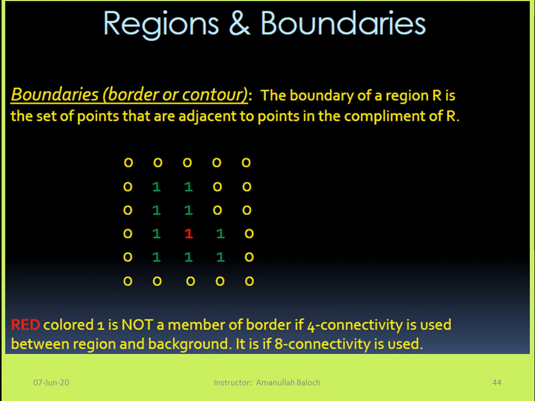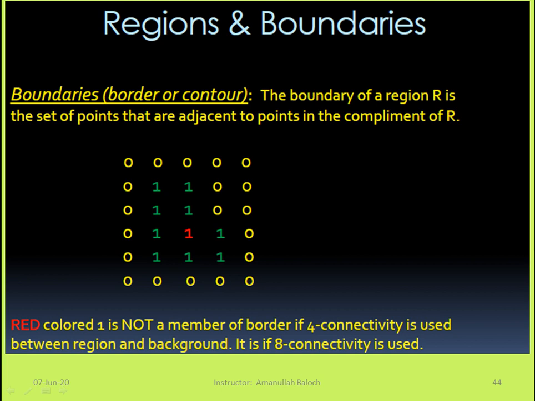Then it has 8 adjacent pixels, this 1 2 3 4 5 6 7 8. These 8 are the adjacent pixels of this border pixel, and in this set this red pixel also exists in the 8 neighbors of this 0 level pixel.